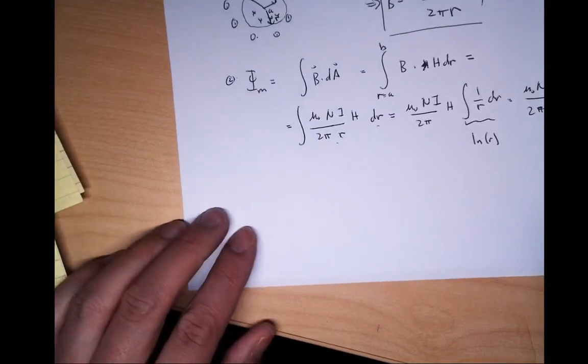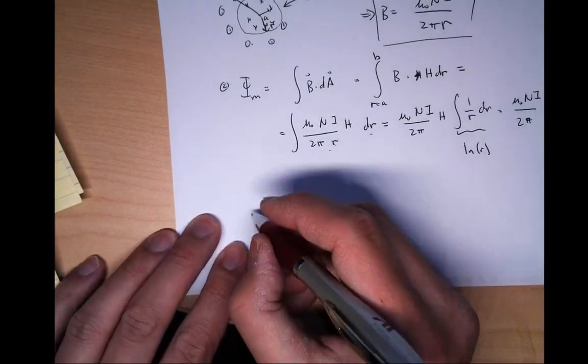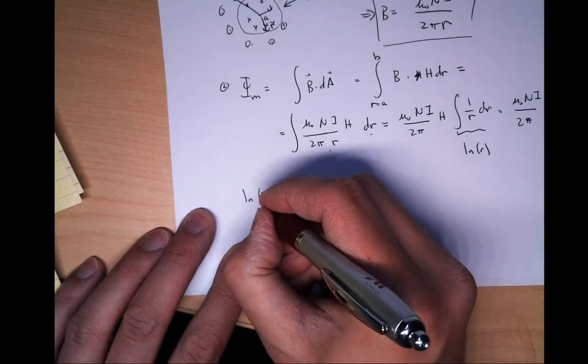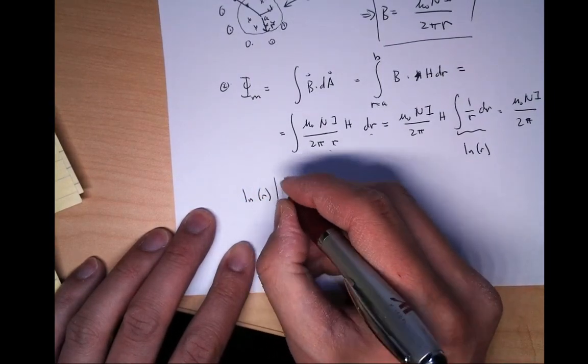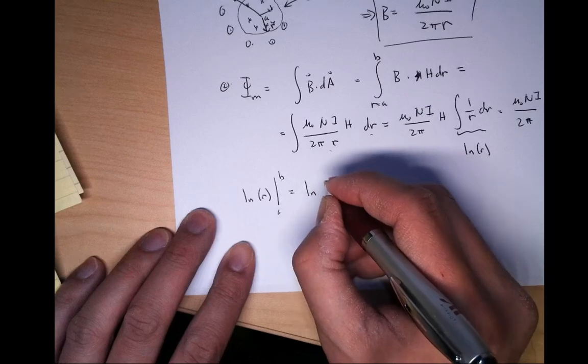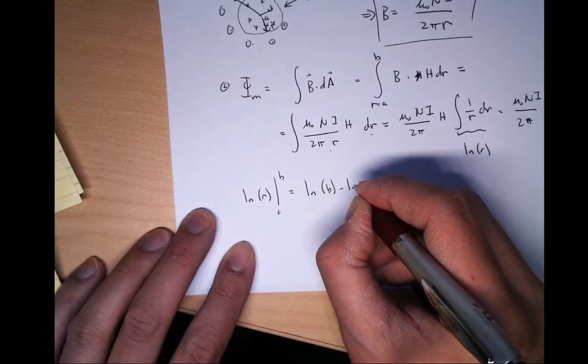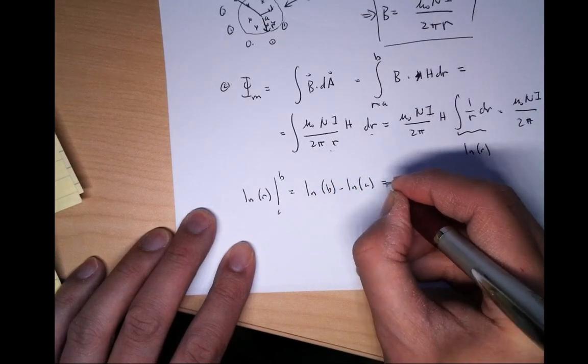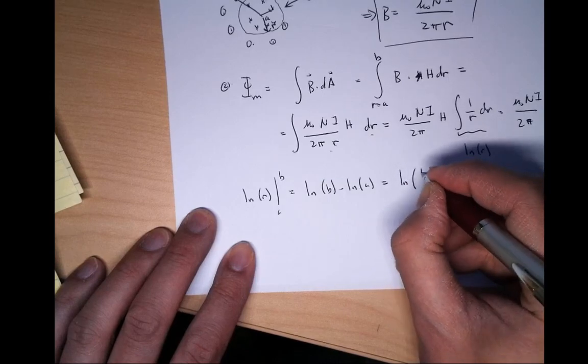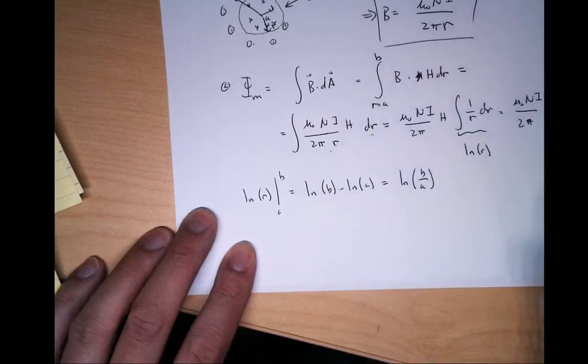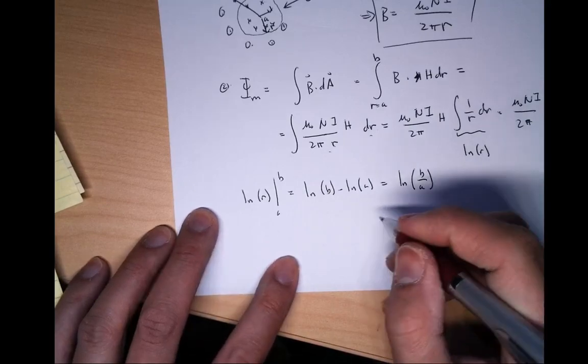So now the key is that the natural log of r from a to b is the natural log of b minus the natural log of a, which is the natural log of b over a, just a consequence of how this stuff works.